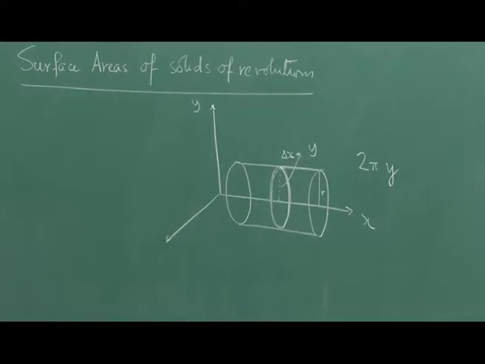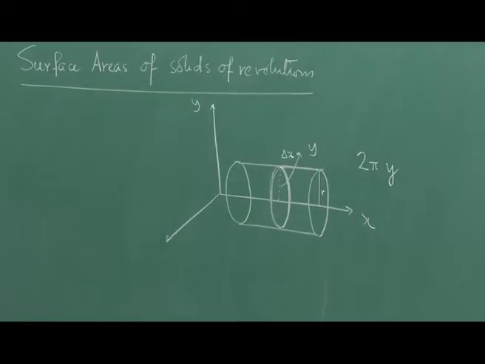So, 2 pi y into del x when I make a unit change. So, 2 pi y is my surface area.